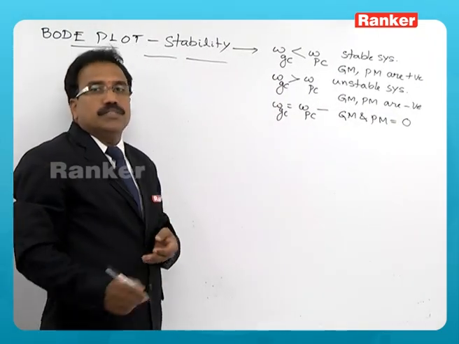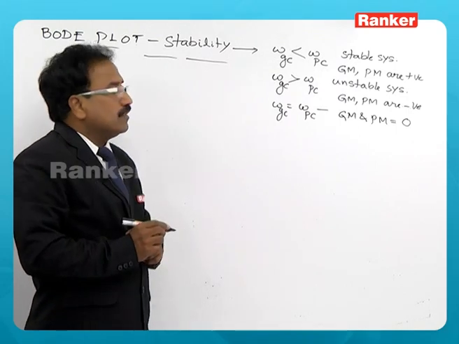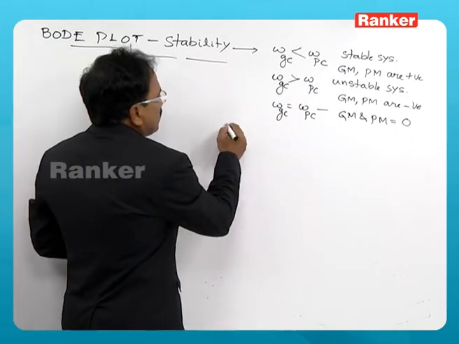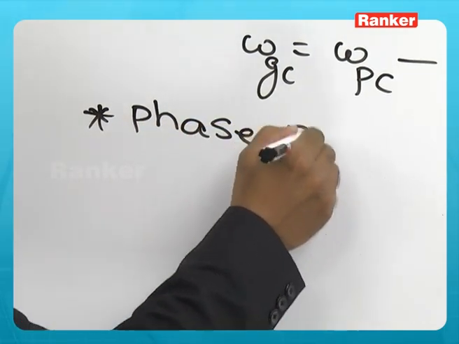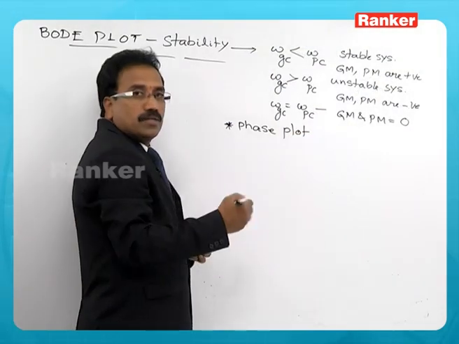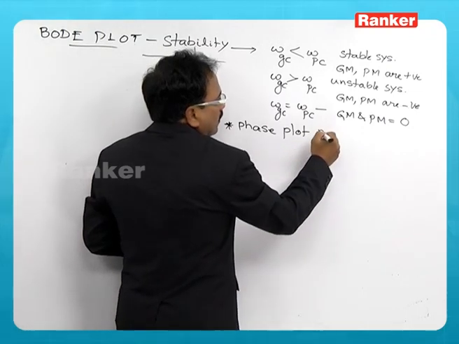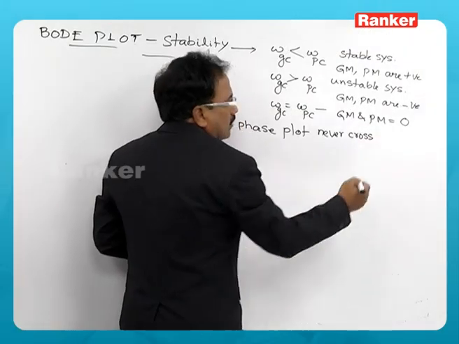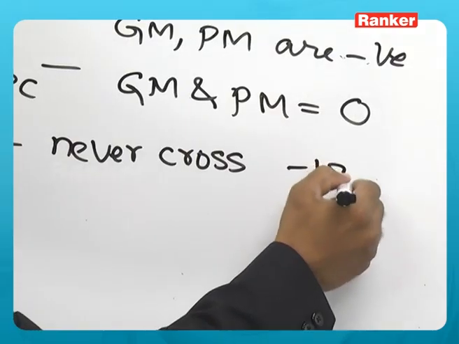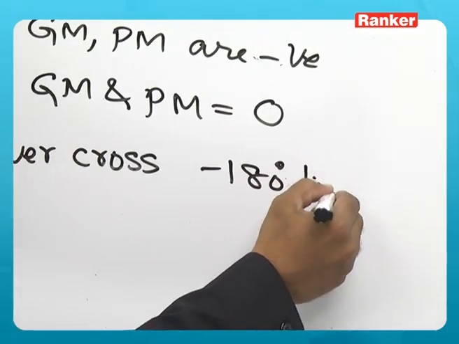There may be a situation that the phase plot never crosses the minus 180 degree line.